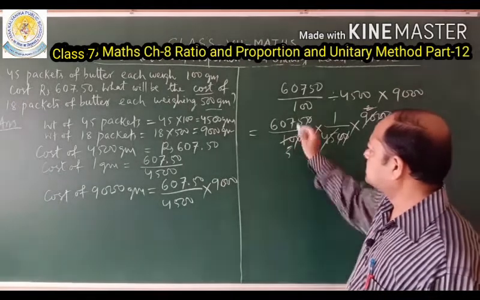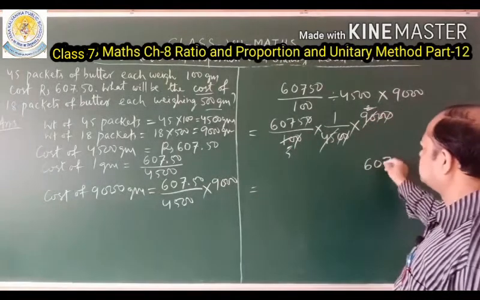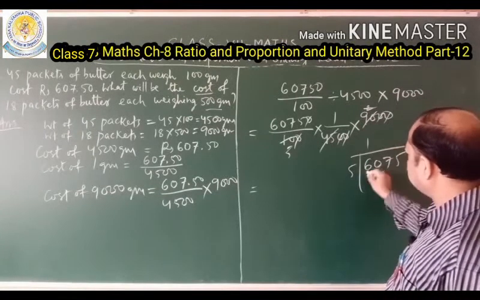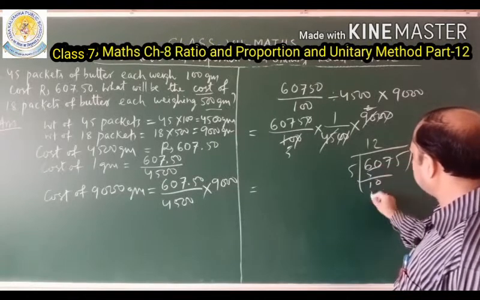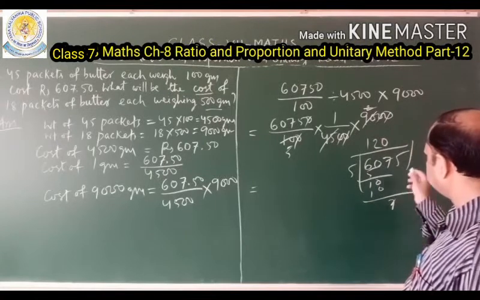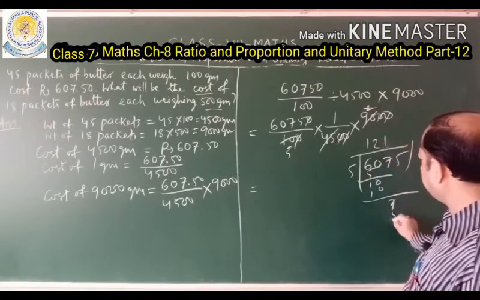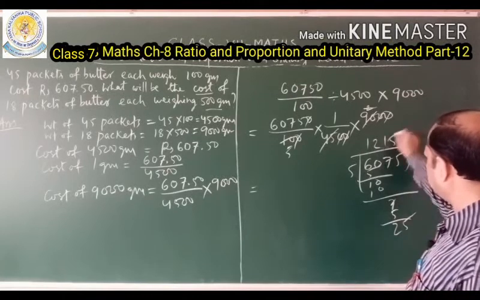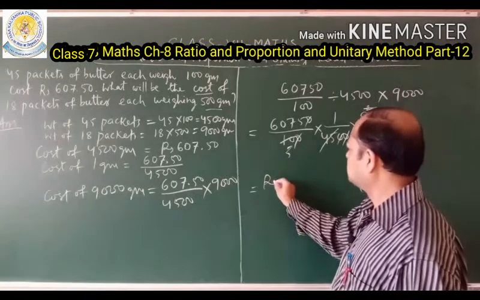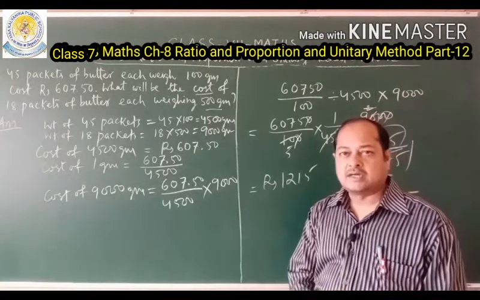Just divide here 6075 with 5. 6075 divided by 5 how much? 5 ones are 5, 10, 5 twos are 10, and put a 0 here because 5 ones, it is 7 here, so put here 5 ones are 5, 2 here 25 and 25 right here. So what you got here? Rupees 1215. So what is the required quantity?